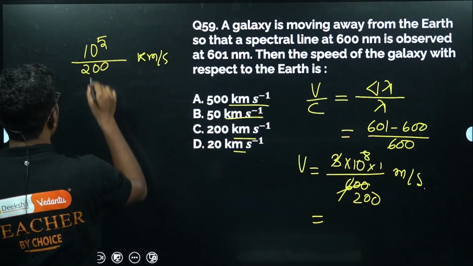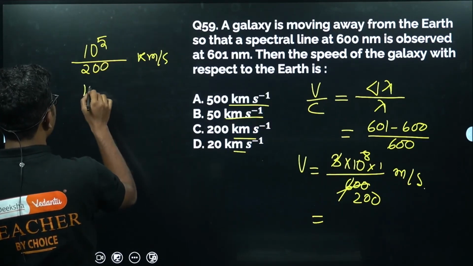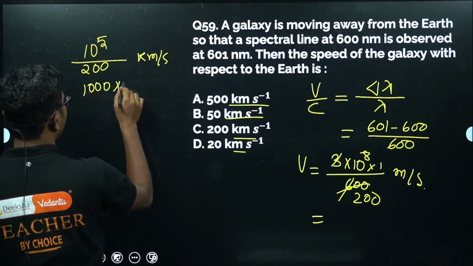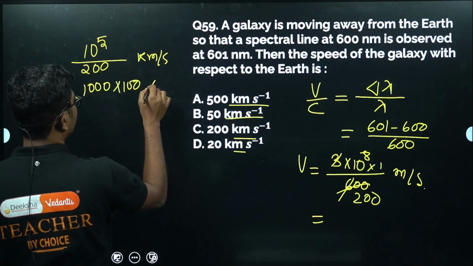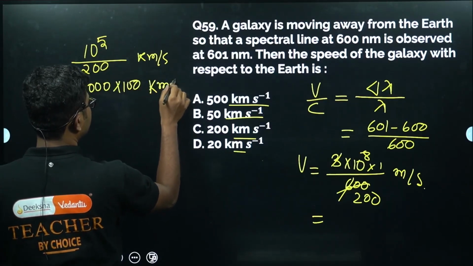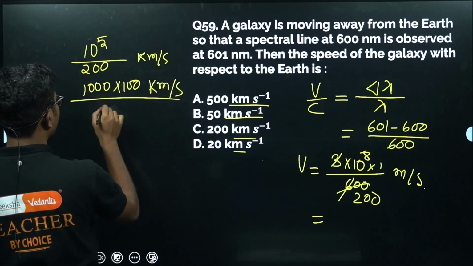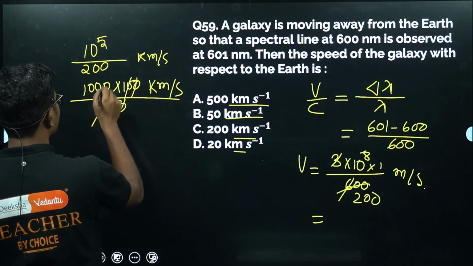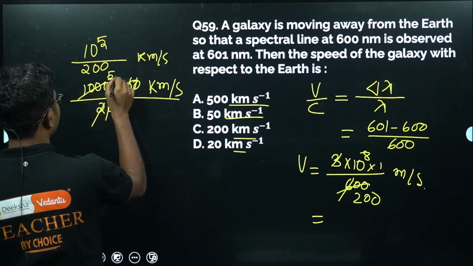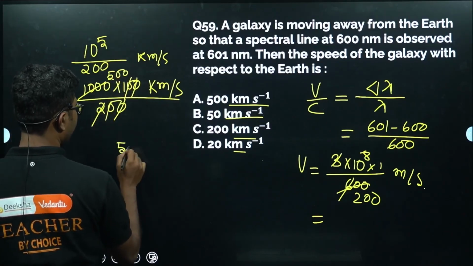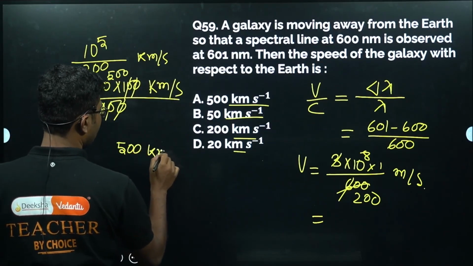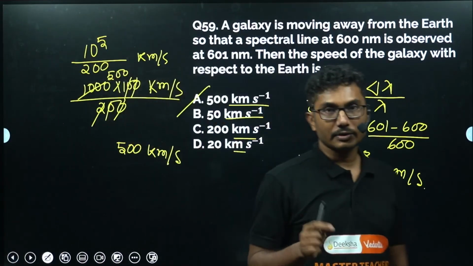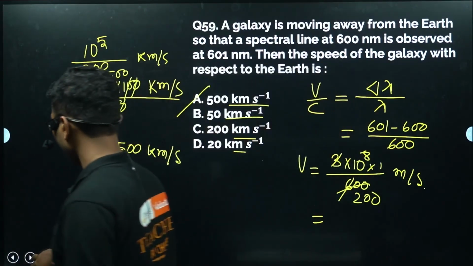Now, 10 to the power 5, you just simplify it, make it 1000 times 100, that will be easy. So 200, the zeros cancel, the 2 becomes 500. So it is 500 kilometer per second. Now this is Doppler effect that is deleted, so this question is deleted.